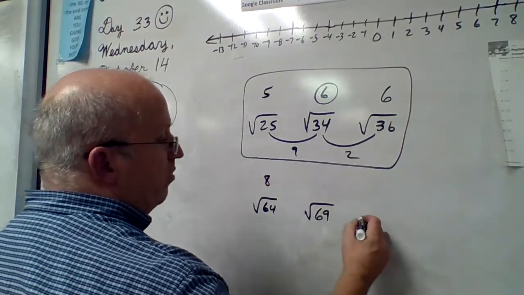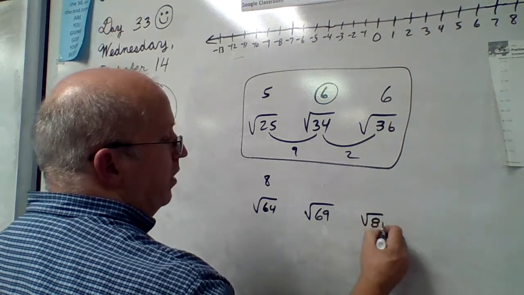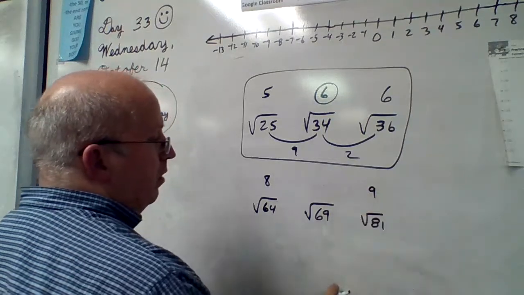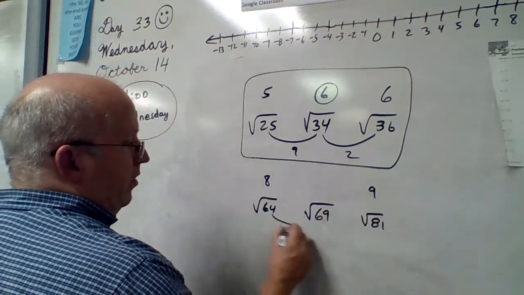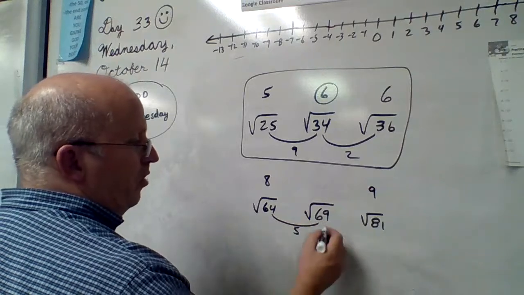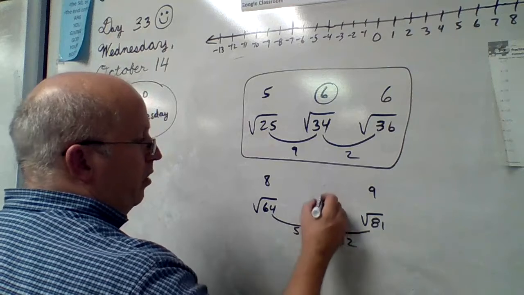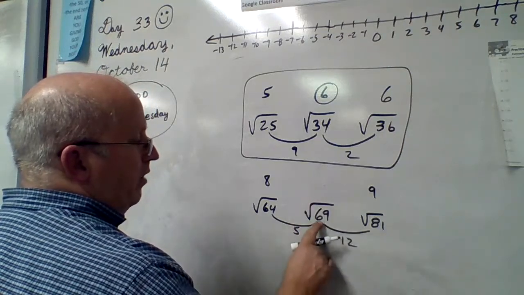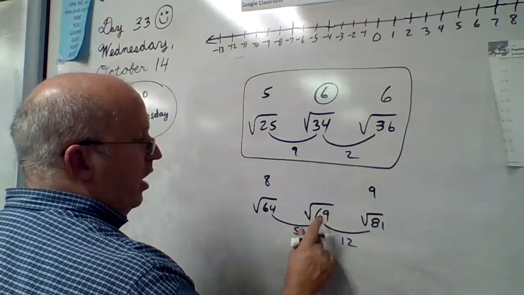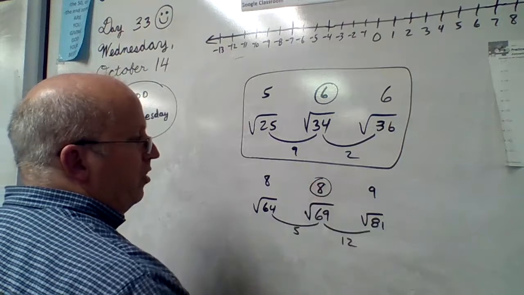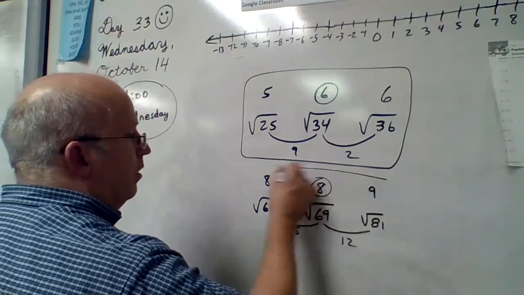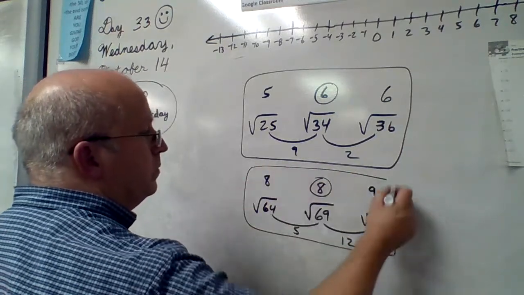I know that the square root of 81 is 9. These two numbers are 5 away from each other. These two numbers are 12 away from each other. So the estimated square root of 69 must be closest to 8. Second problem, done.